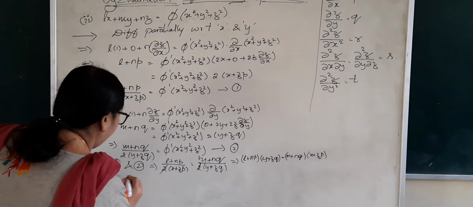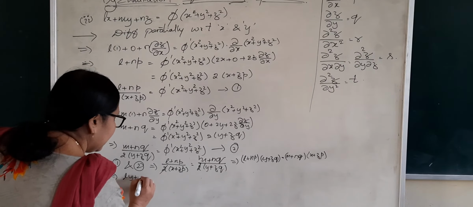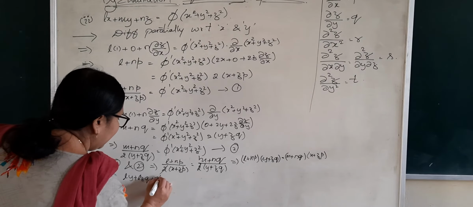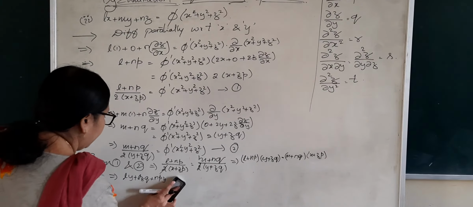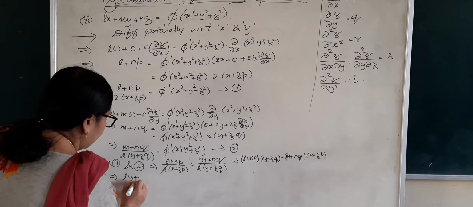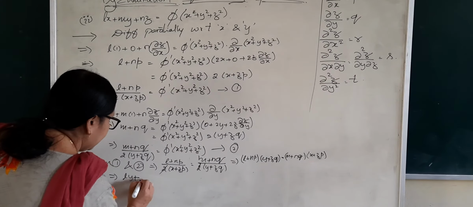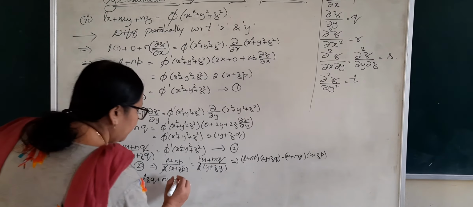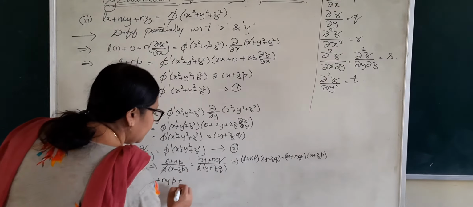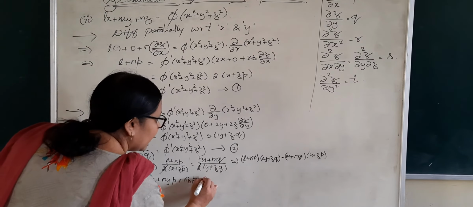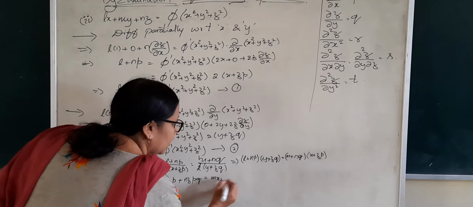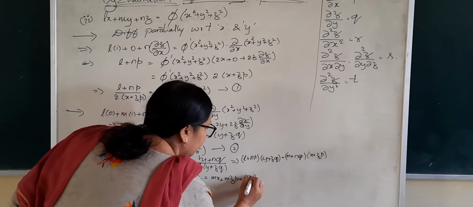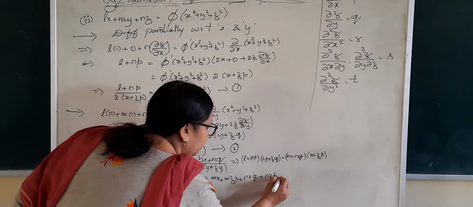Now multiply, you get ly plus lz into q as it is plus np into y can be treated as nyp plus nzpq is equal to, again we get mx plus mzp plus nxq plus nzpq.